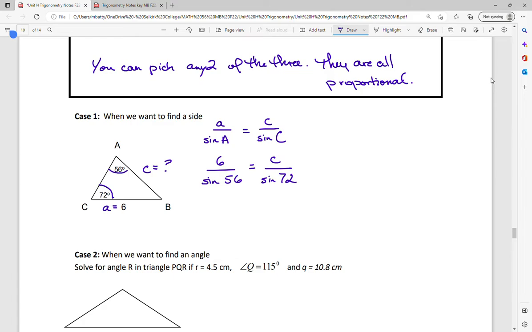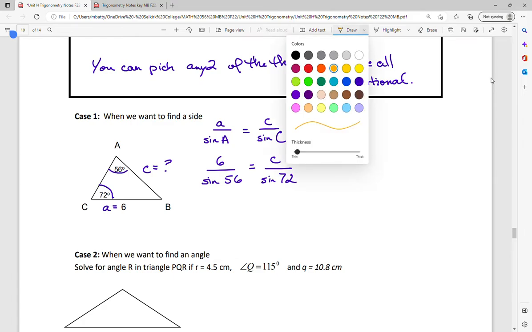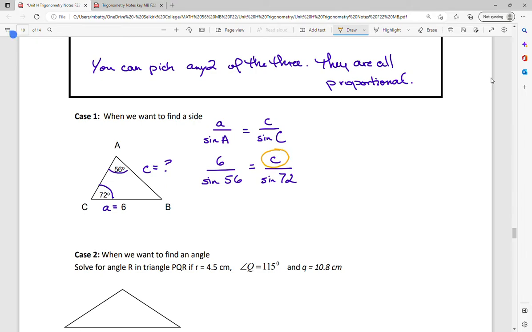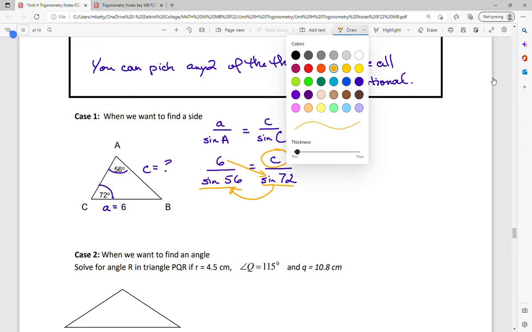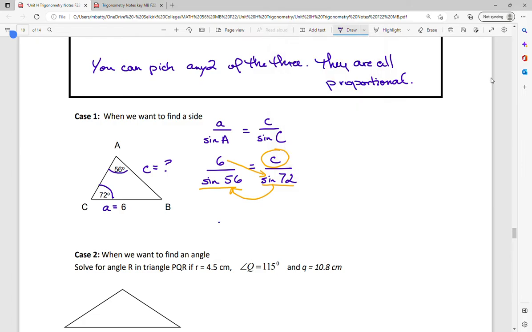In solving for C here, I simply do 6 times the sine of 72 divided by sine 56. And now we know that we can put these into our calculators just like a number, right? So I'm going to write it out in this one, but I don't often. So C would equal 6 times sine of 72 divided by sine of 56.